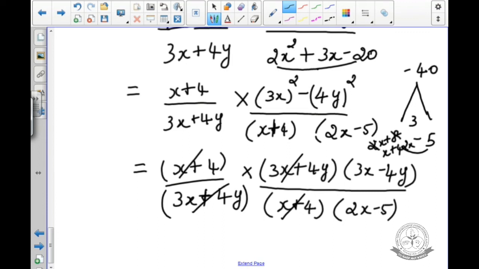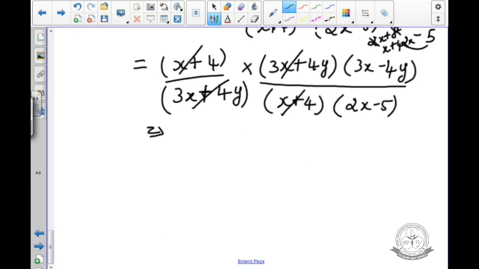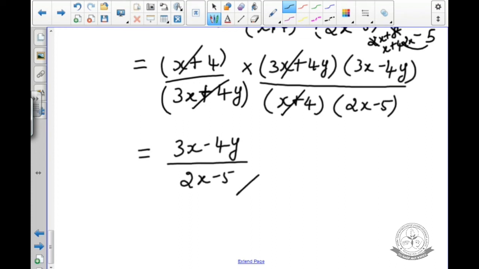Then the remaining term is 3x minus 4y divided by 2x minus 5. That is the answer. The remaining terms are 3x minus 4y by 2x minus 5.